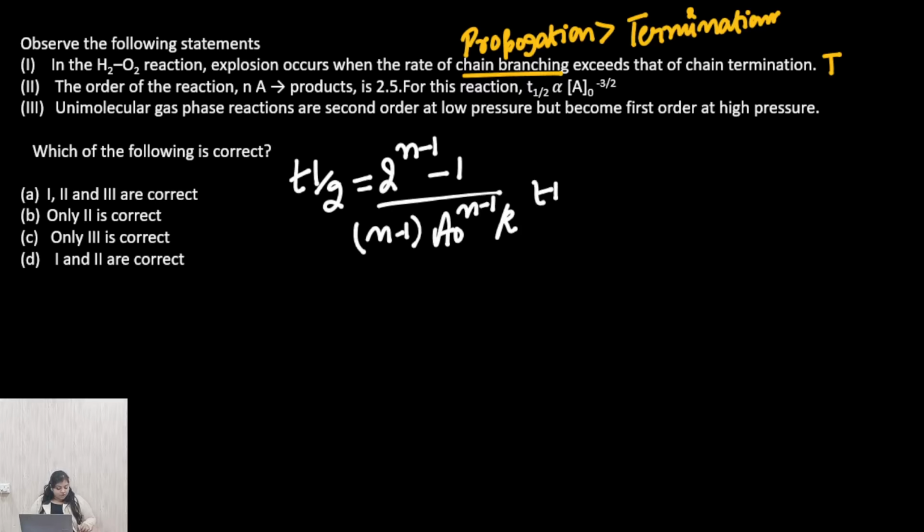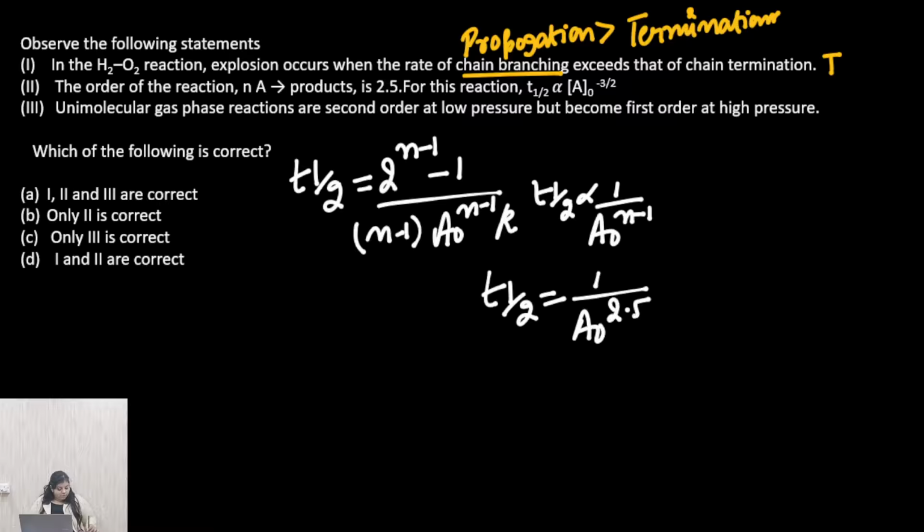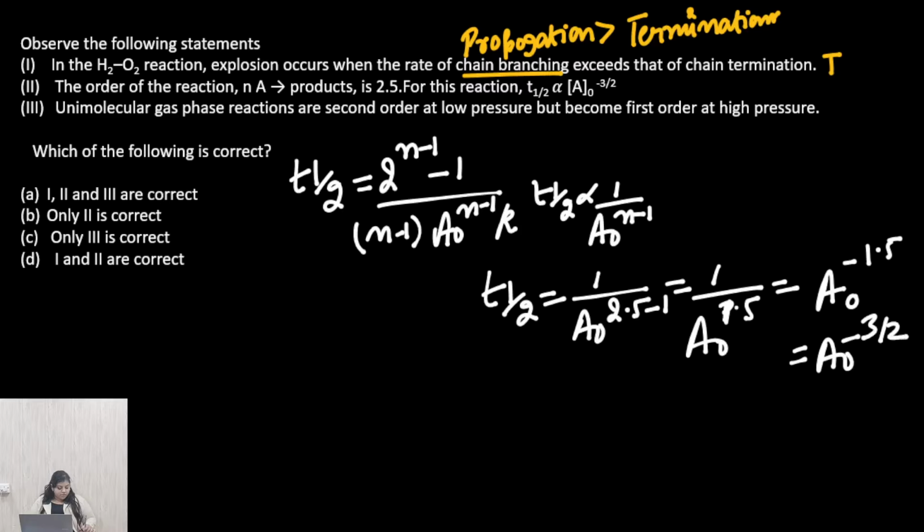So t half is inversely proportional to the initial concentration raised to the power of n minus 1. Here the n value is given to us as 2.5, which means t half becomes 1 by A naught raised to the power of 2.5 minus 1. This will be A naught to the power of minus 1.5, that is A naught to the power of minus 3 by 2.